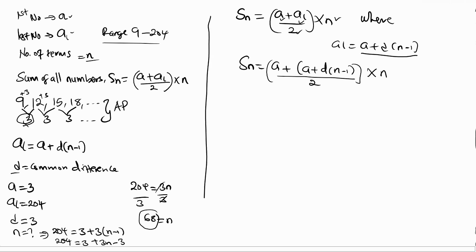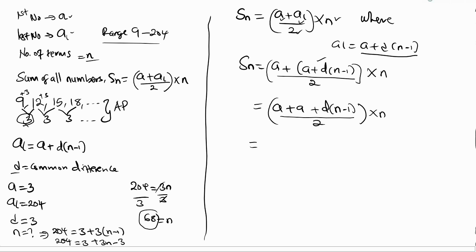Multiplied by n, from which if you simplify, you shall have a plus a. So we open this bracket here, we shall have a plus d into n minus 1, everything divided by 2, and then multiplied by n.